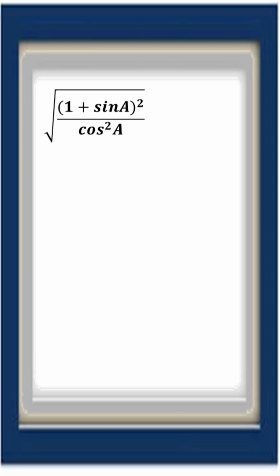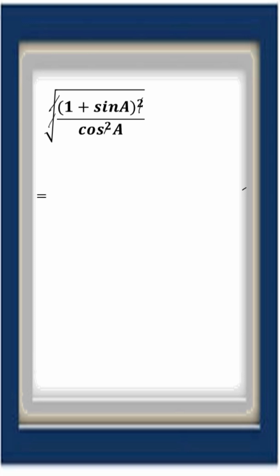So now we have square root of 1 plus sin A the whole square upon cos square A. Since both numerator and denominator have squares, now we can cancel this square with under root, this square with under root.